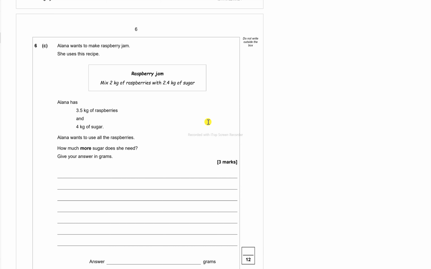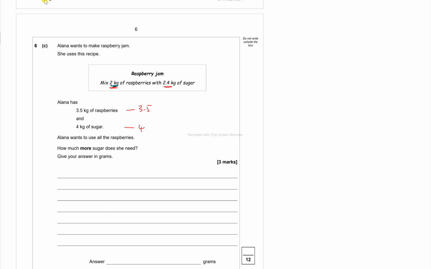Right, last part of the thing. Let's try to squeeze this in. You want to make a jam: 2 kilograms, 2.4 kilograms, 3.5 and 4. She wants to use all the raspberries.